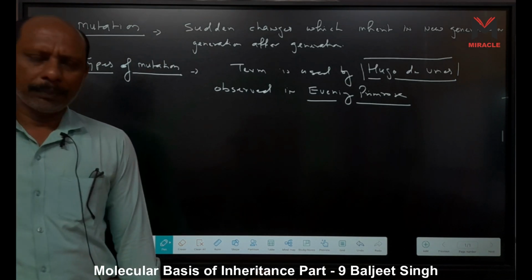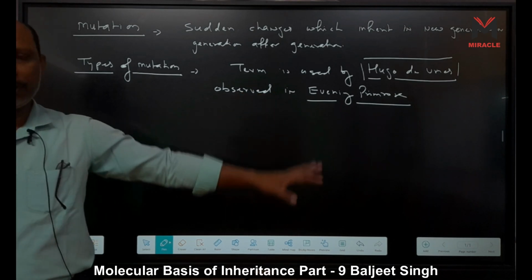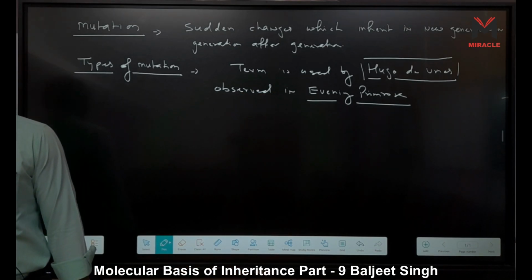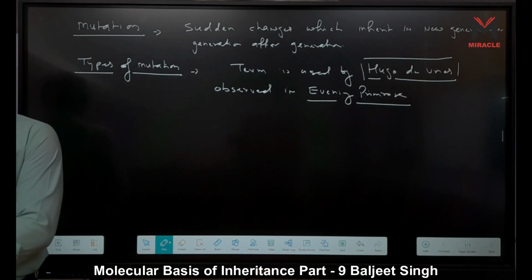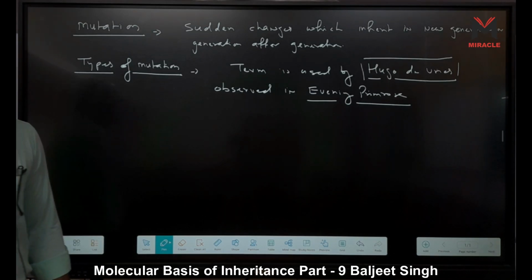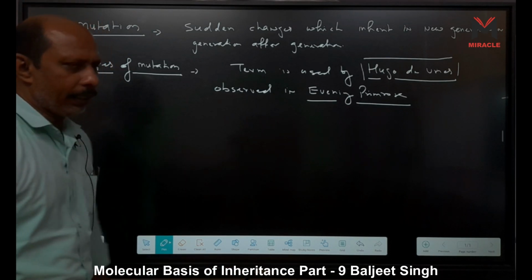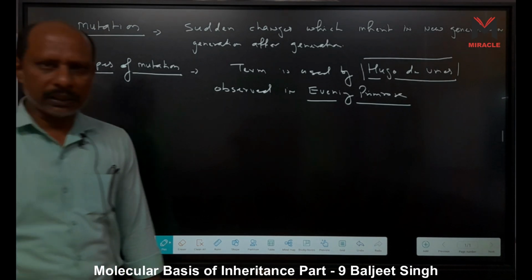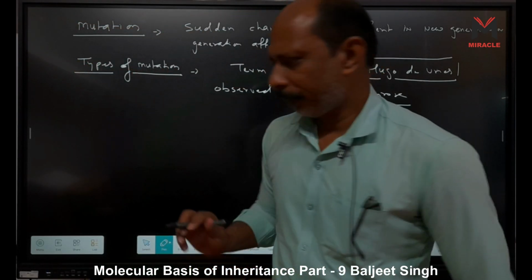Sometimes the scientific name of evening primrose is also asked. What is the scientific name of this evening primrose? It is Oenothera, O-E-N-O-T-H-E-R-A, Oenothera lamarckiana.